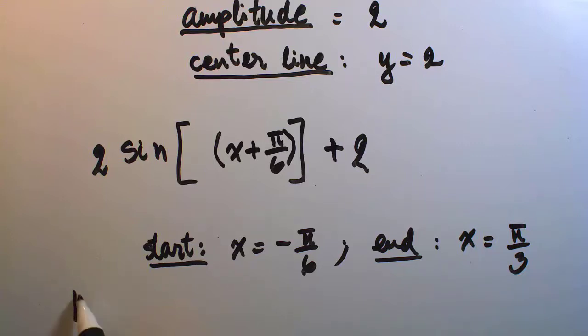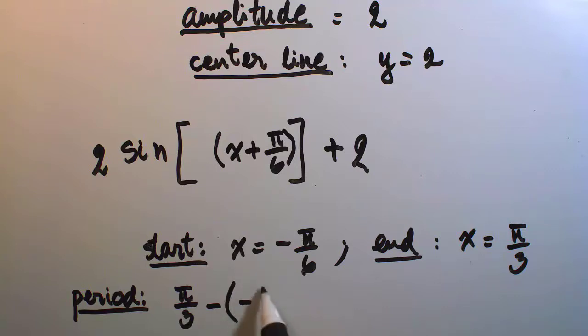And for the period, we can easily take the end of our base unit that we recognized minus the start, which is negative pi over 6.